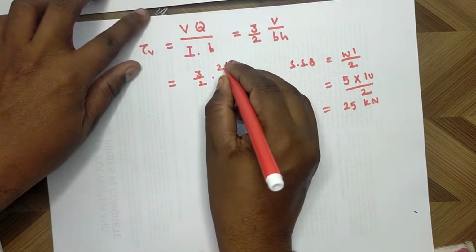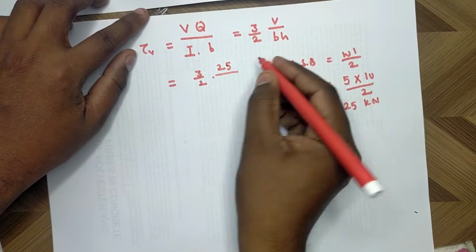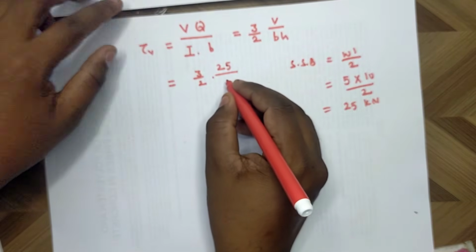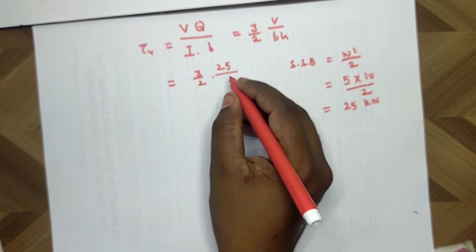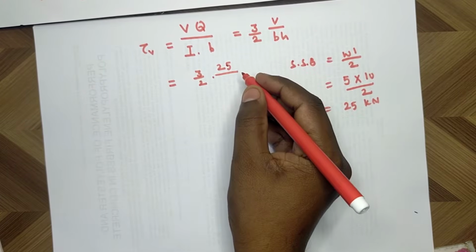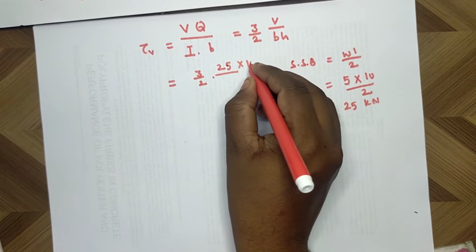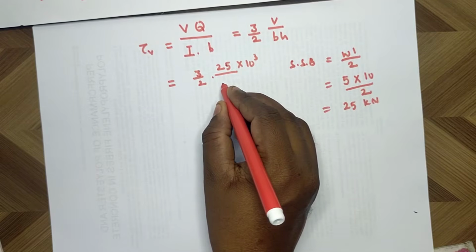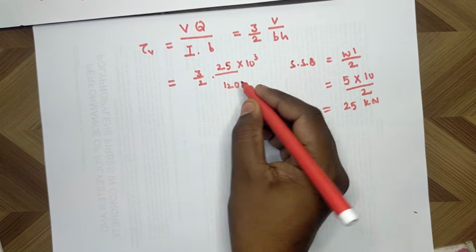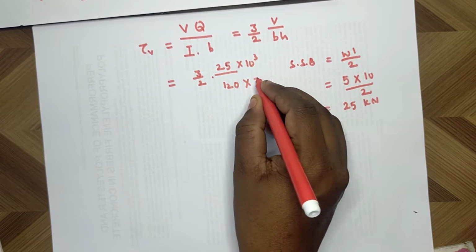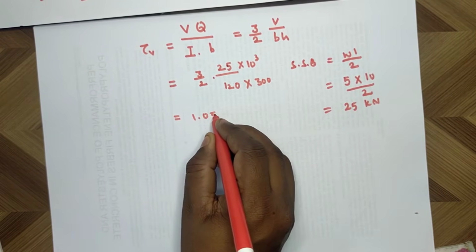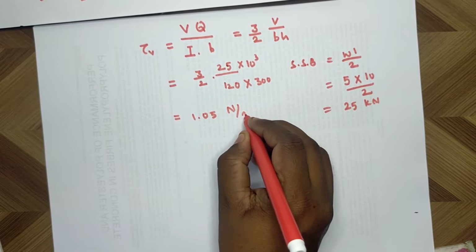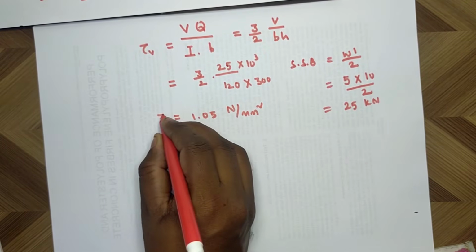Means V is 25. Breadth is given as 120 mm. Now I am converting kilonewtons into newtons. Breadth 120, height is 300. Now the answer is 1.05 Newton per mm square. This is tau v.